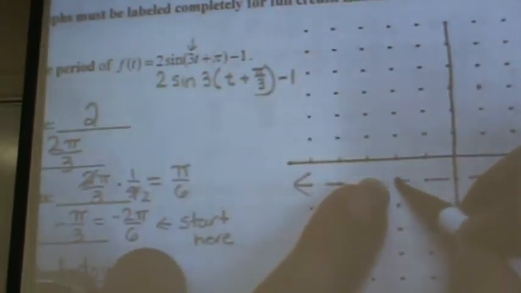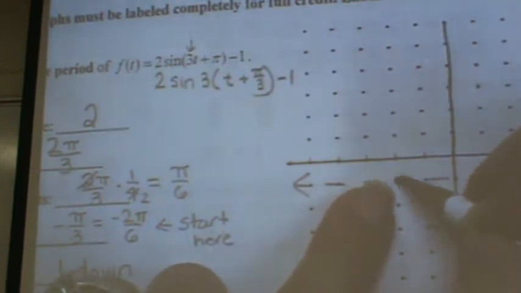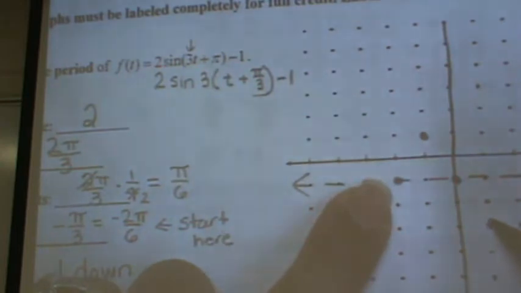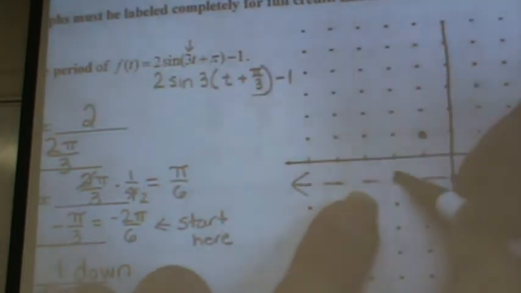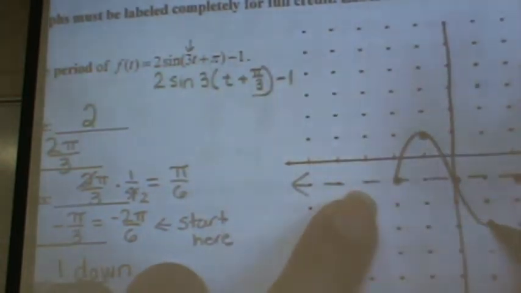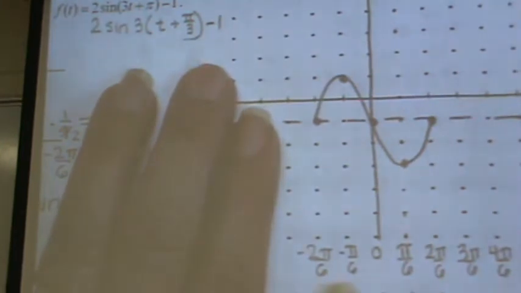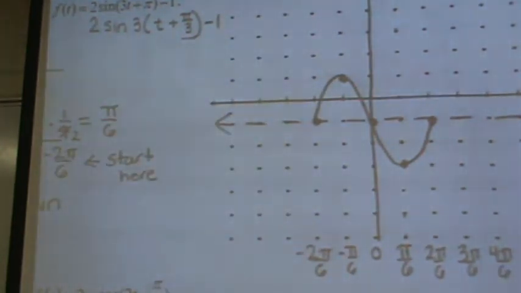Well, it's going to start here, and it's going to go 2 above, on, below, and on. There it is. I just did 1 full period. I did from negative 2 pi over 6 to 2 pi over 6.